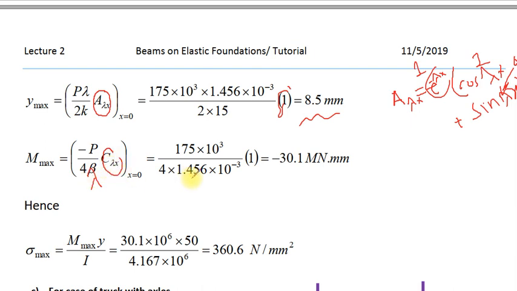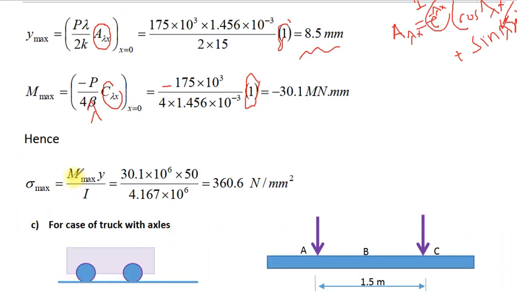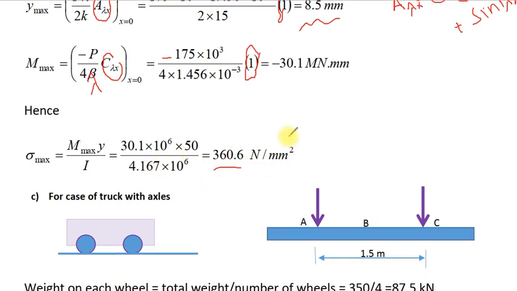C lambda x also equals 1. And here the result will be minus 30 meganewton millimeter. Hence, to get the maximum stress on the beam, M maximum y over I gives us 360 Newton per millimeter square. This is for the first case.